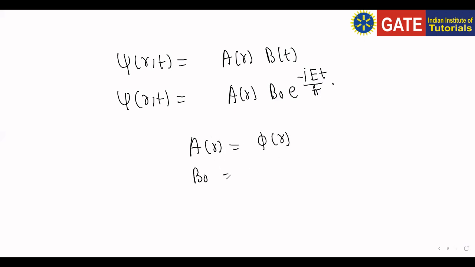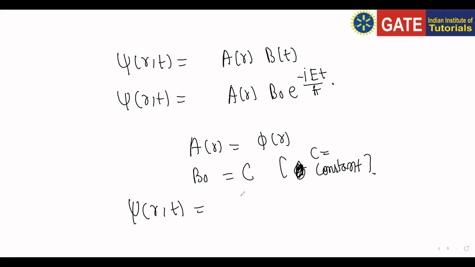A times B naught as some constant. Psi of r t, just don't get confused here. A of r I'm writing as phi of r. If you get confused, then you write B naught as C, a constant. C equals a constant. Okay, psi of r t equals C phi of r e to the power minus i E t over h cross.